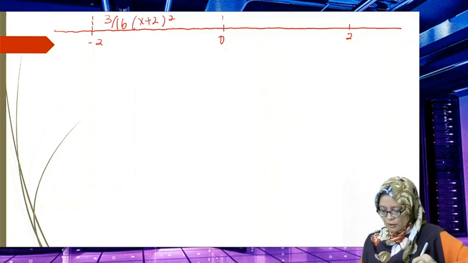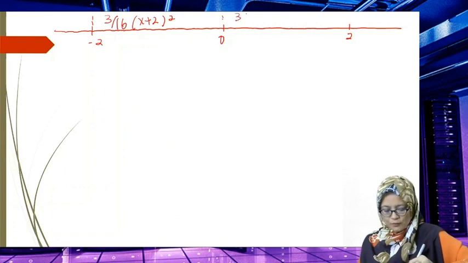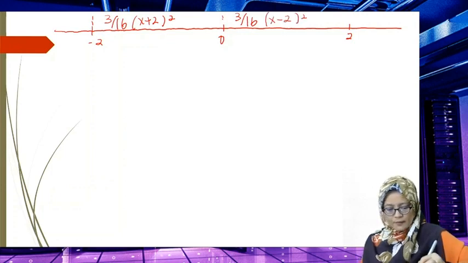For the interval 0 to 2, the function is 3 over 16 x minus 2 square. Then other than that, the function is 0.